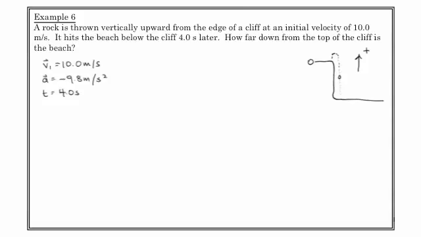So here, sticking to our sign convention, the initial velocity would be in the upwards direction because it's thrown up. Acceleration is, of course, down. And the time is 4 seconds. And because we've looked specifically at 4 seconds, that's the time from when it leaves the hand until it hits the beach.